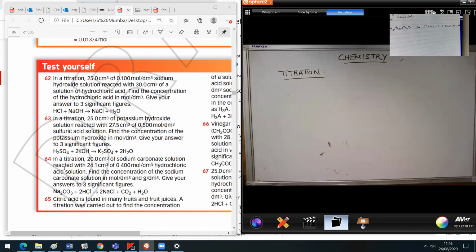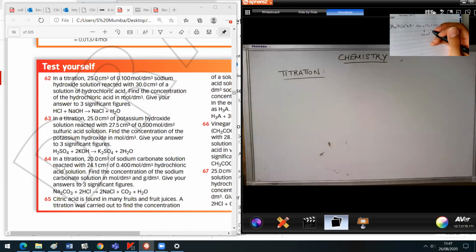Yep. 2 Nas, 2 Nas. Yep, and it's balanced. Good. Okay, so now you know that the sodium carbonate is 20 centimeters cubed. That's the volume.